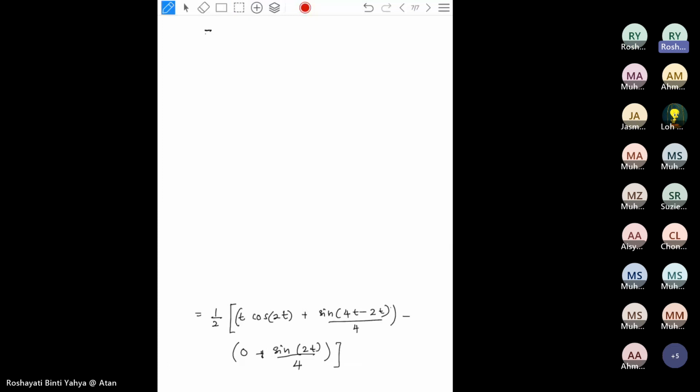So equal to, we have this. So 1 over 2, t cos 2t plus sin 2t over 4 minus sin 2t over 4.